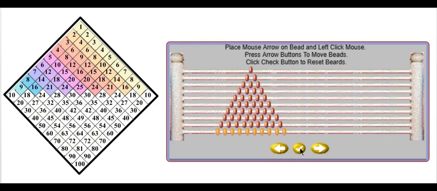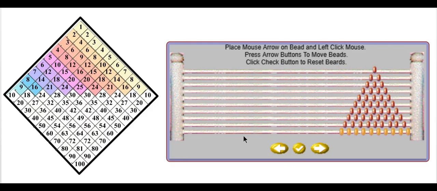Let's try 7 times 8. So I'm going to count down 7 beads this time. 1, 2, 3, 4, 5, 6, 7.